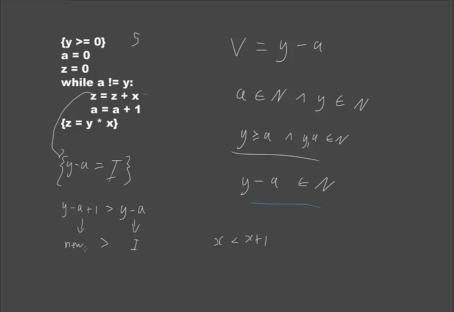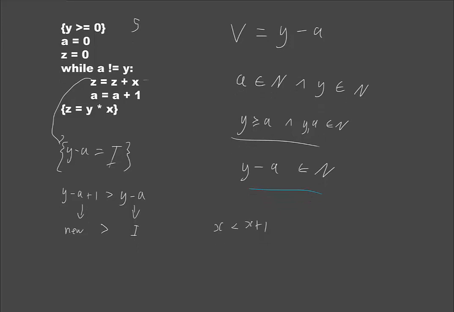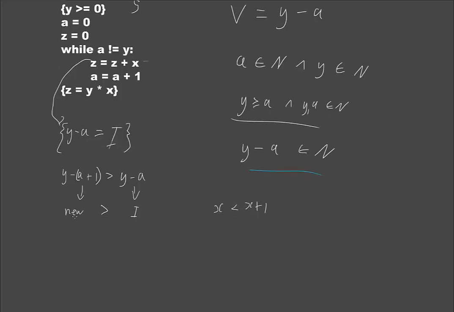Sorry, I forgot the brackets. When you substitute that in, it's y minus (a plus 1), which when you expand it, sorry, I've totally flipped this around the wrong way, we have y minus a minus 1, which will always be less than y minus a for the same reason.